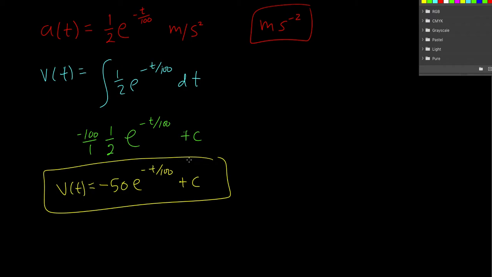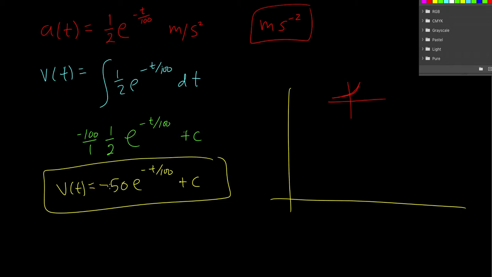Okay, that's what they wanted. And then they want us to sketch the graph. So let's go through a little thing real quick. E to the x would just look like that, something close to that.